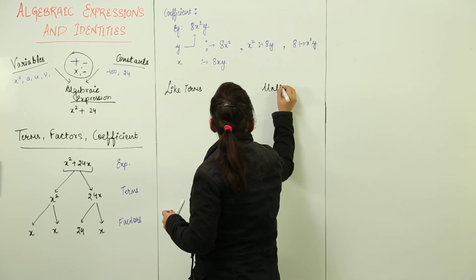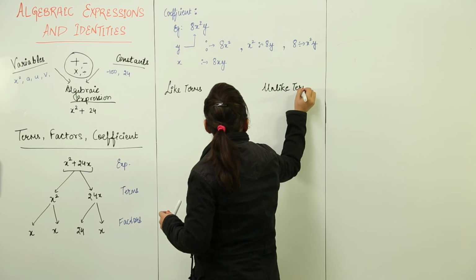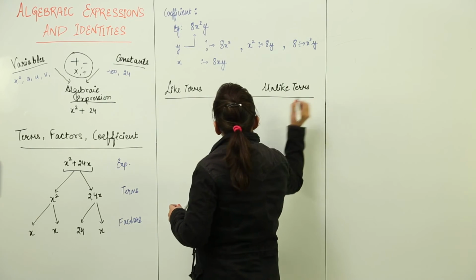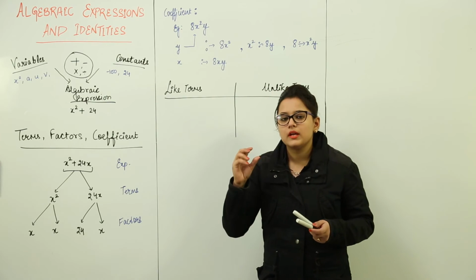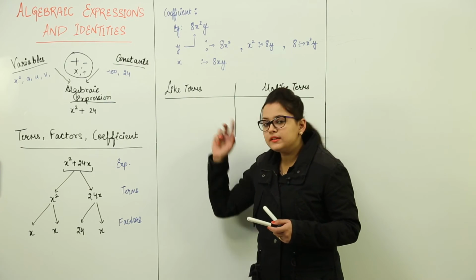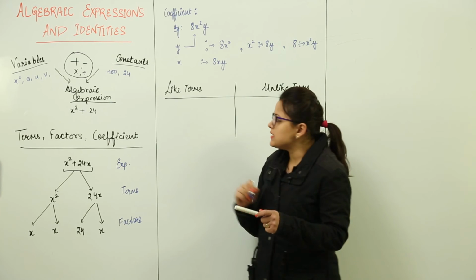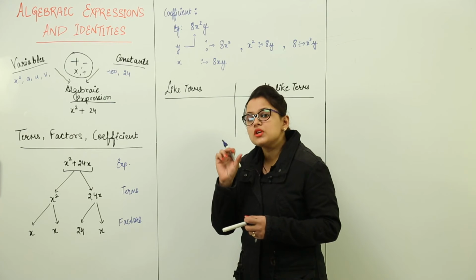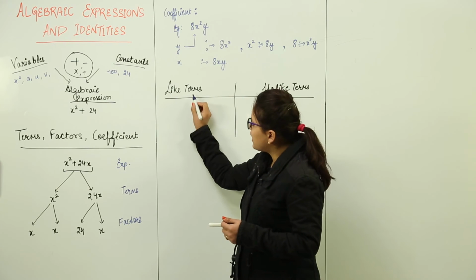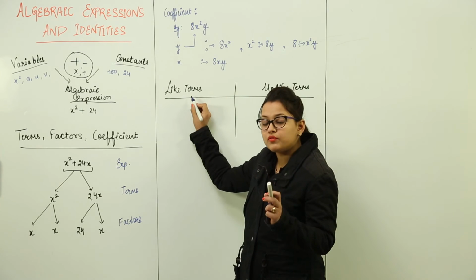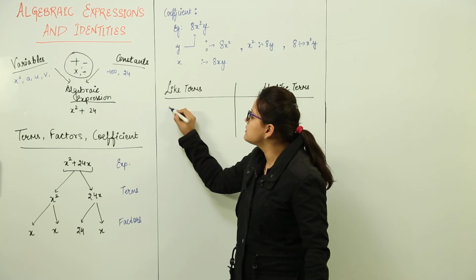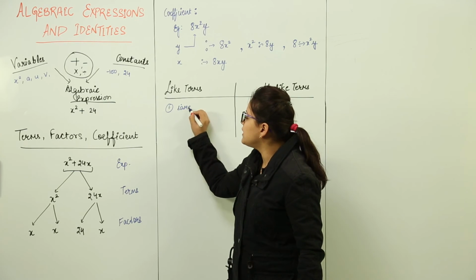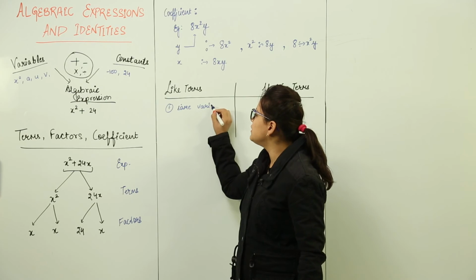Now, we will do a few more terms, like terms and unlike terms. What is the difference between them? As the word says, these will be opposite of each other. Before taking examples, I would help you to define them. Like terms, as the word says, means they will be similar in type. How do we identify which are the like terms? You have to consider one thing, that is, like terms must have the same variables, or you can say the same literals also.